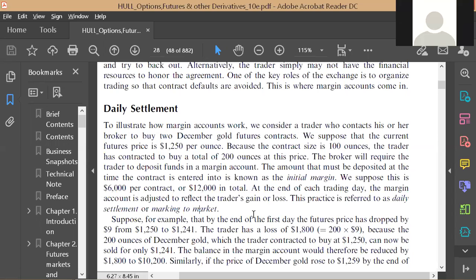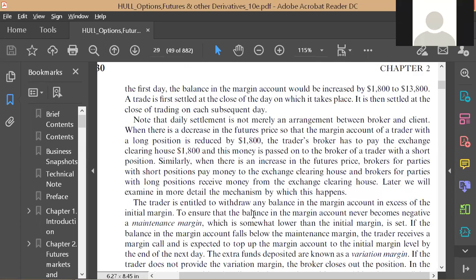So you have the losses. There is this idea that obviously this money has to actually be paid, and you can take out the balance, the excess profit that you have.